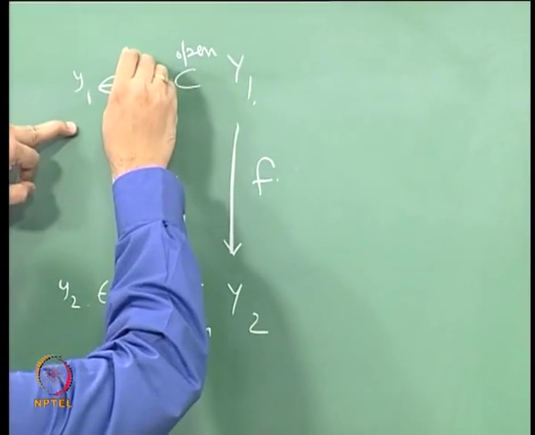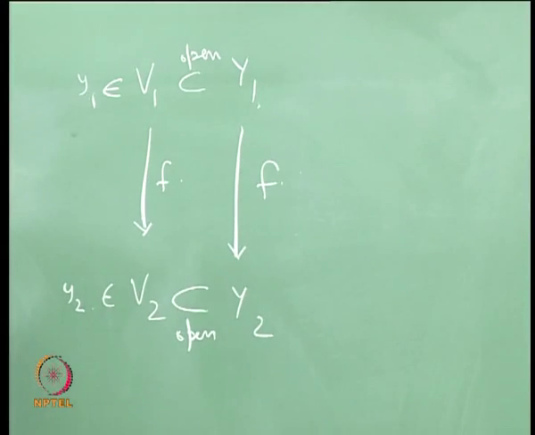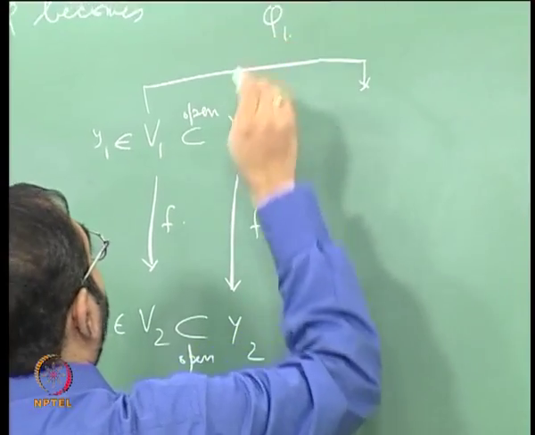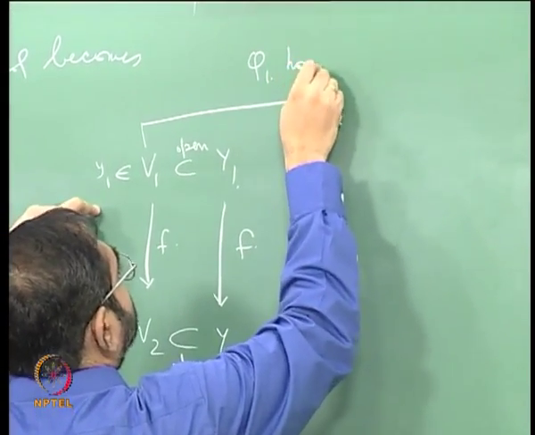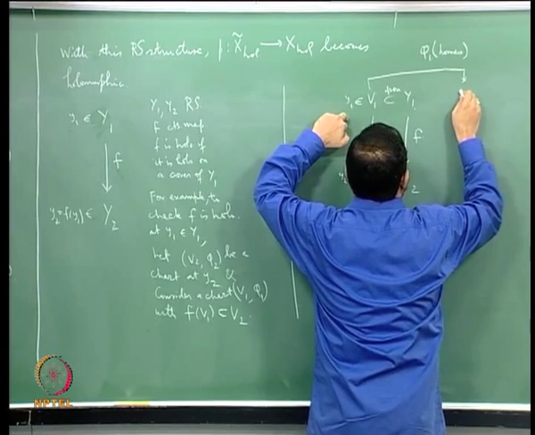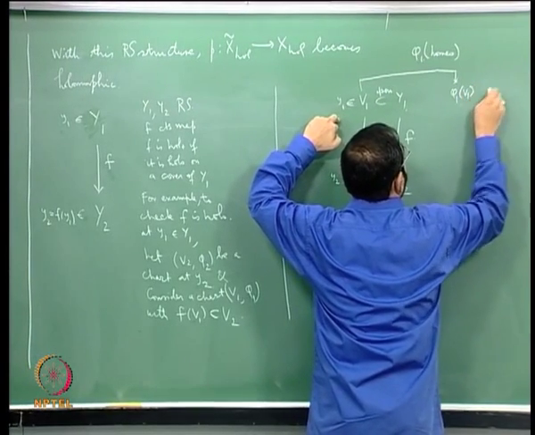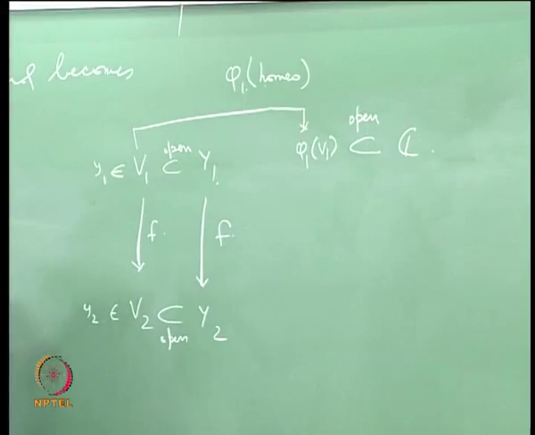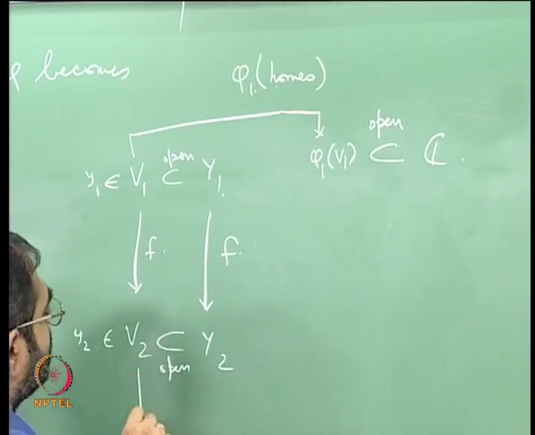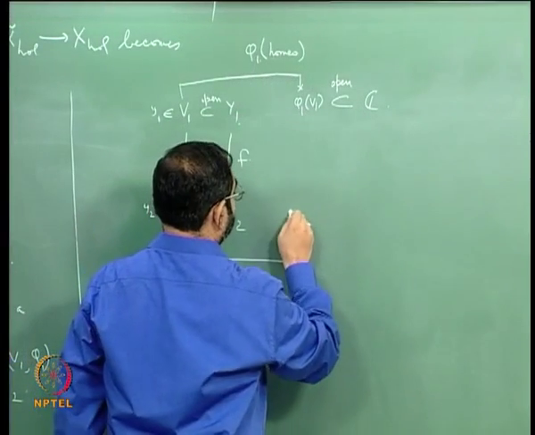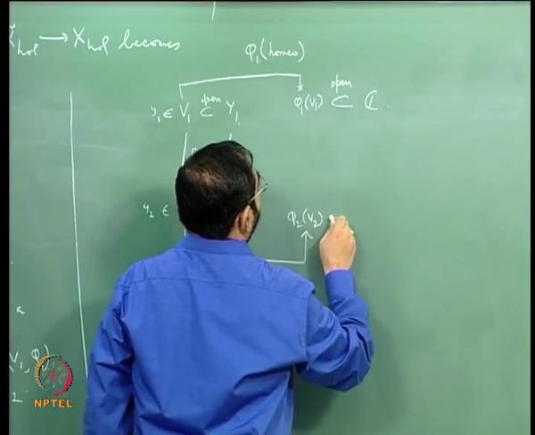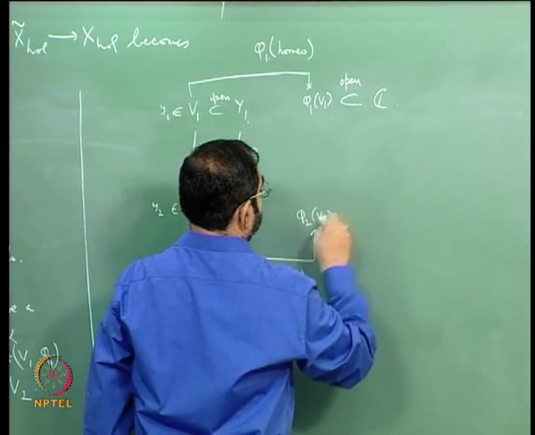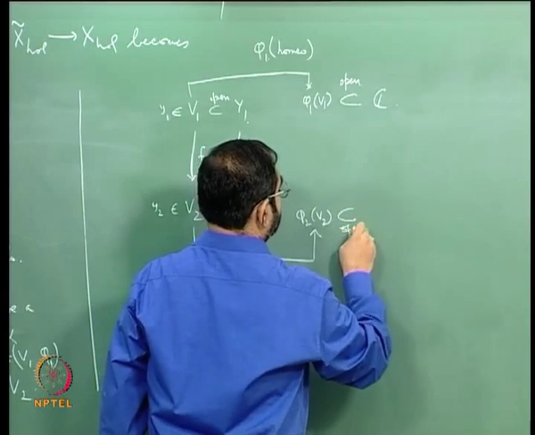Now from V1 there is the chart phi1, which is a homeomorphism onto phi1 of V1, an open subset of the complex plane, okay. And from V2 you have phi2, which is a homeomorphism onto phi2 of V2, which is an open subset of the complex plane, okay.